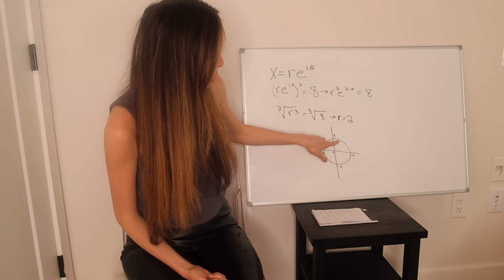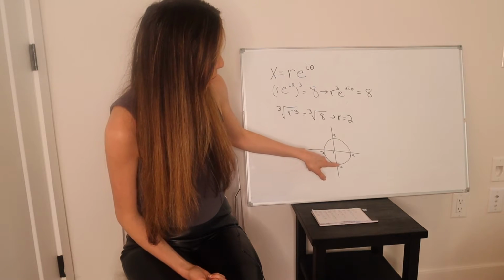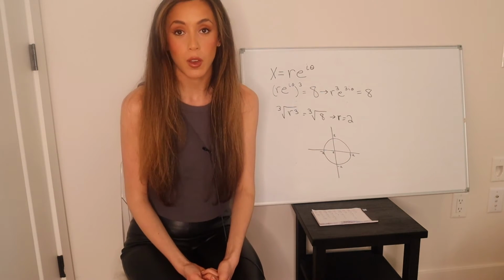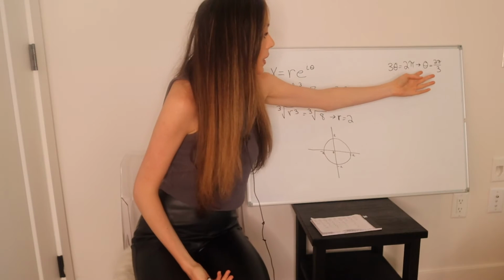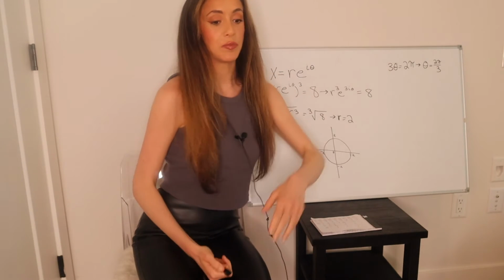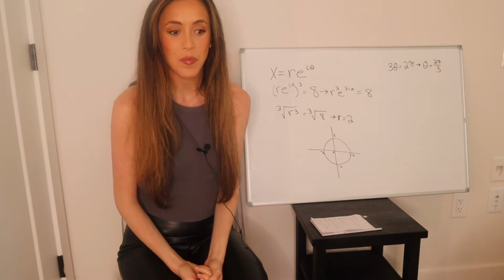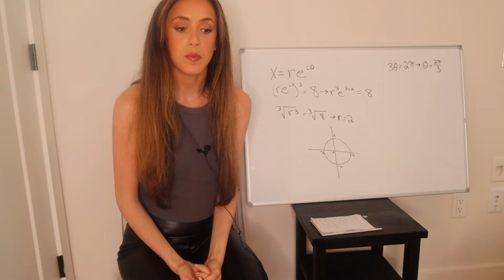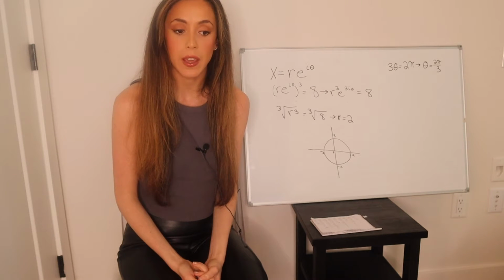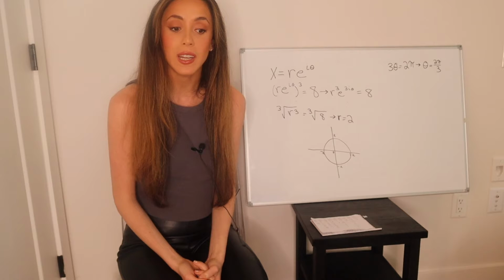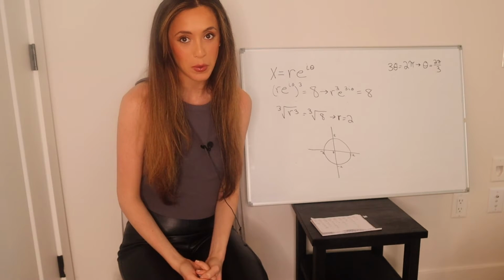We know that a full circle is 2 pi radians. So we have, this is the unit angle. To get all the angles, we need to multiply this by every integer k from 0 to 1 less than the exponent.